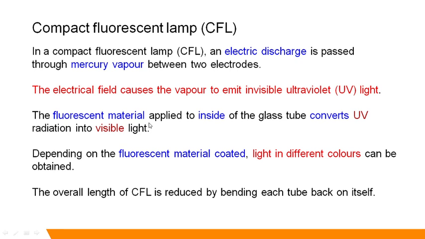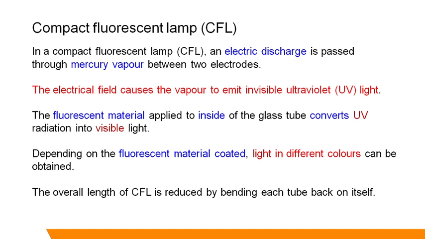So the electrical discharge is passed through mercury vapor, and the electric field makes the vapor emit ultraviolet light. The fluorescent material applied inside the glass tube converts this ultraviolet radiation into visible light. Depending upon the type of fluorescent material applied, light of different colors can be obtained.